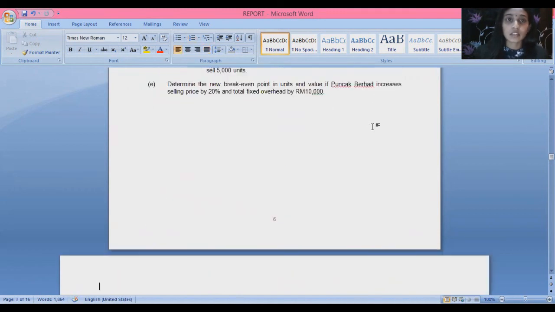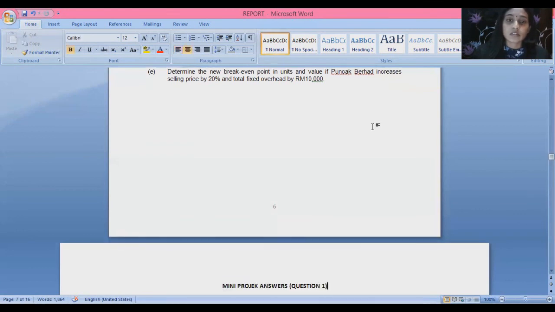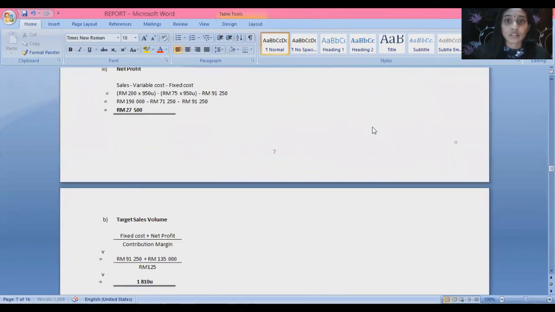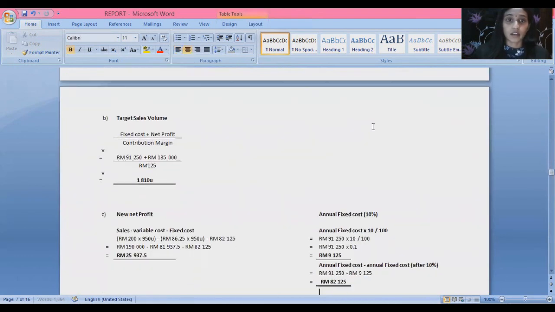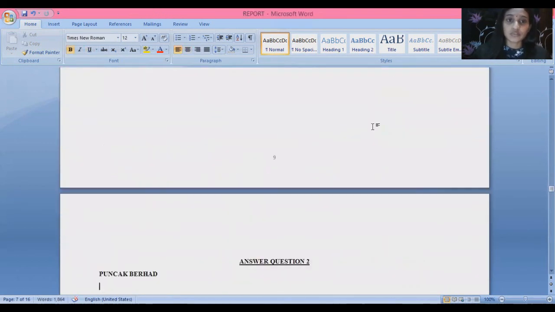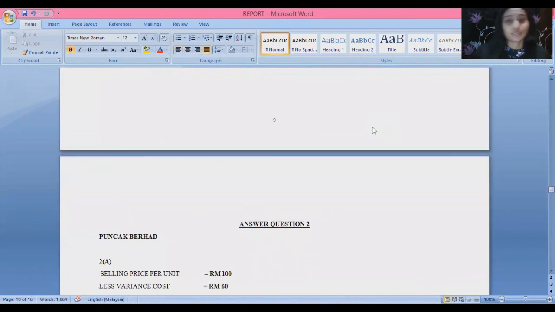The last thing is we need to determine the new break-even point in unit and value if Puncak Berhad increases selling price by 20% and total fixed overhead by 10,000. So here is the answer that we get now.